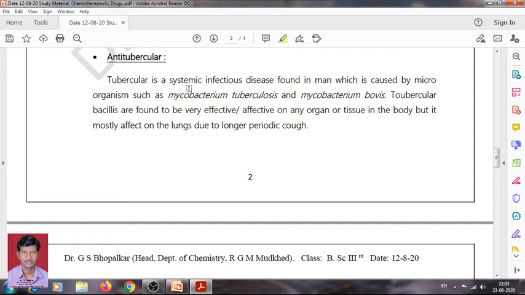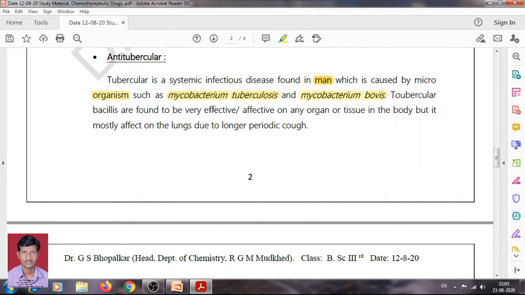Now I think you are well aware of TB, and TB means tuberculosis. Tuberculosis is a systemic infectious disease found in man, caused by microorganisms, namely Mycobacterium tuberculosis and Mycobacterium bovis.